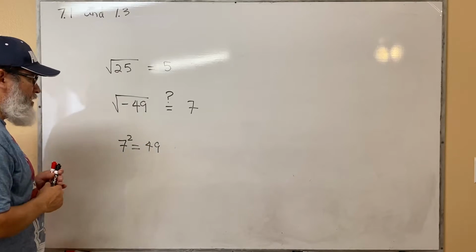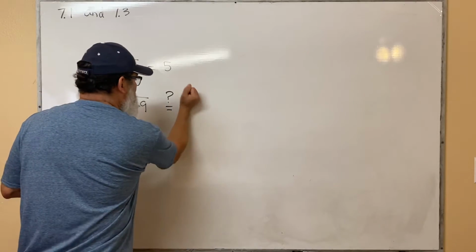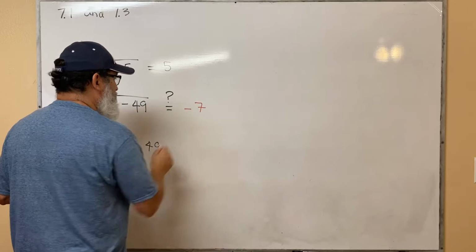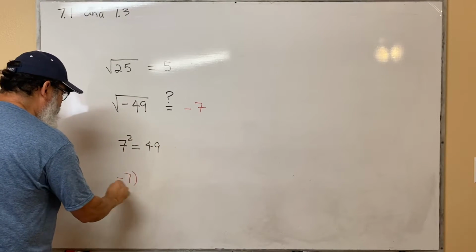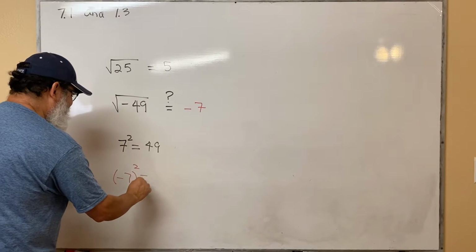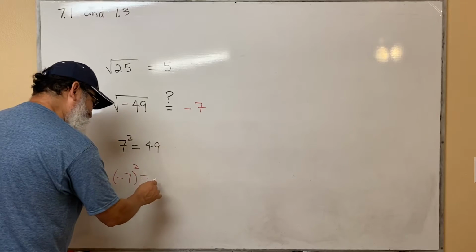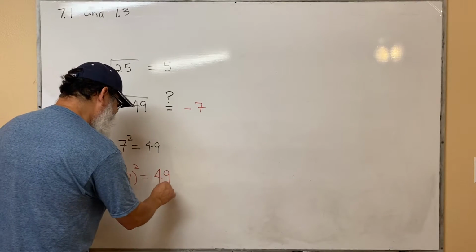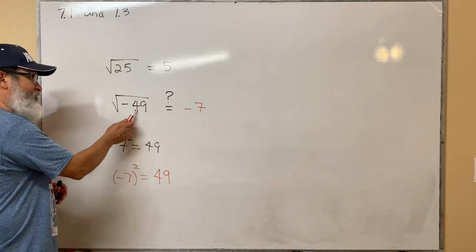Okay? If you answer negative 7, well then you ask yourself, does negative 7 quantity squared equal negative 49? What's negative 7 squared? 49. We didn't get negative 49.